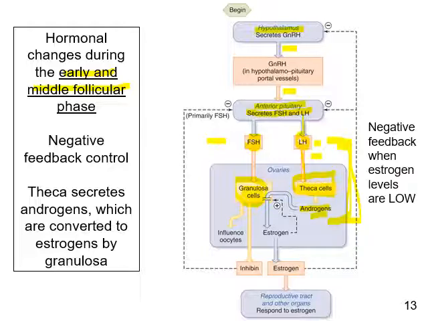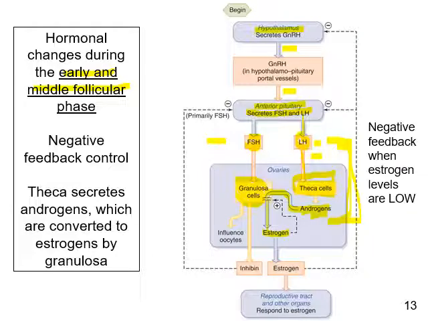But now something interesting happens. The androgens produced by the theca cells are converted by the granulosa into estrogens. And so estrogens are produced by the granulosa, converting the androgens that were produced by the theca.